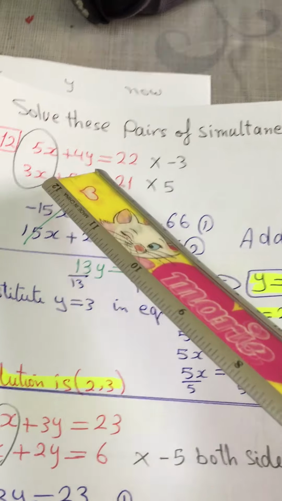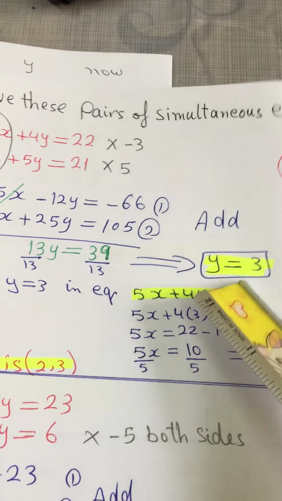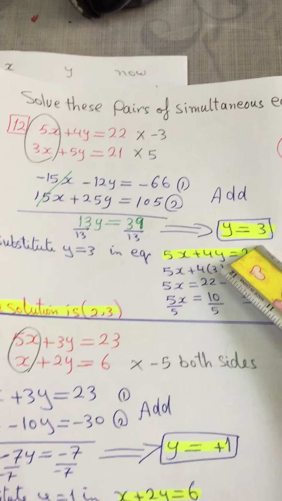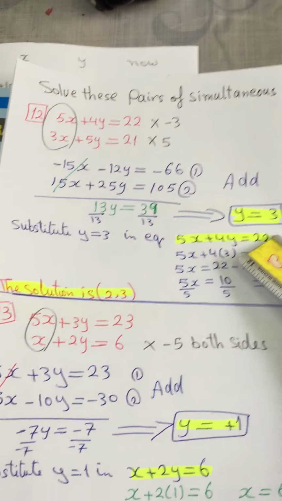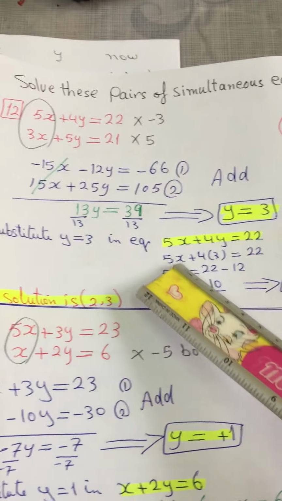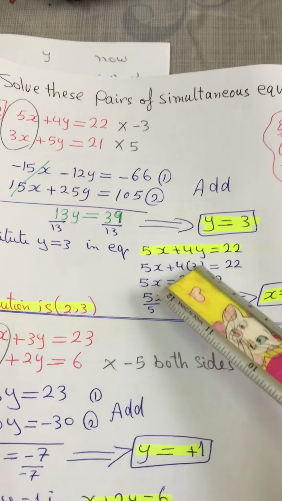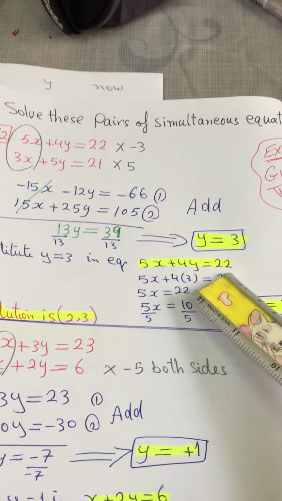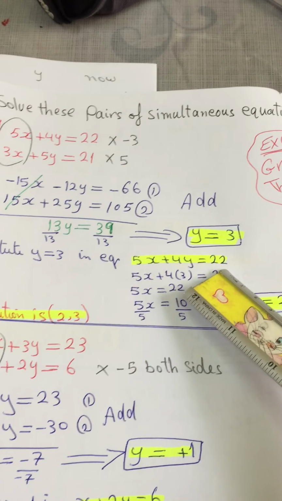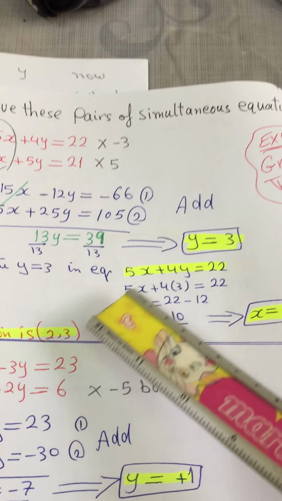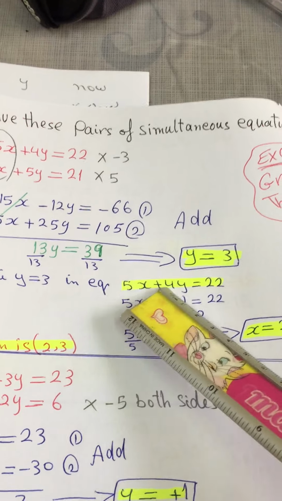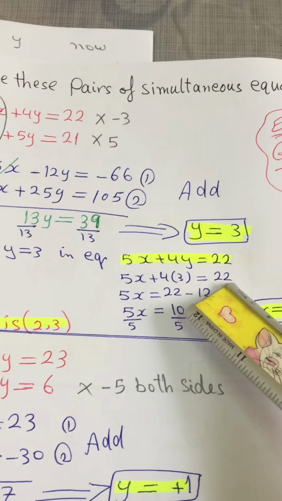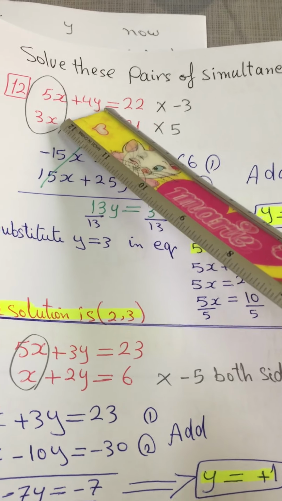Choose any equation you want to substitute y equal 3 in, because I didn't finish. I have to find the value of x also. Now I choose this equation, 5x plus 4y equal 22. And I said to you, please rewrite the equation you decided to substitute in. Now 5x is still 5x, and 4 multiply the value of y, which is 3, equal 22.